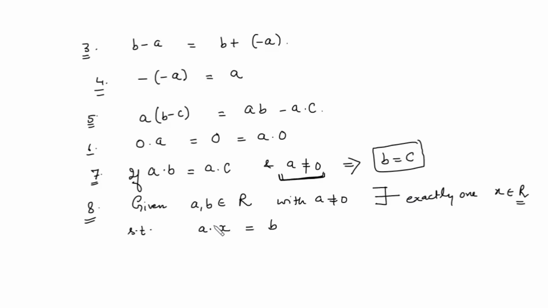Means if your a is non-zero, we can always find a number x. Whenever you multiply with a, you will have the next number which is b. So that means you can choose x to be b divided by a, provided a is non-zero.